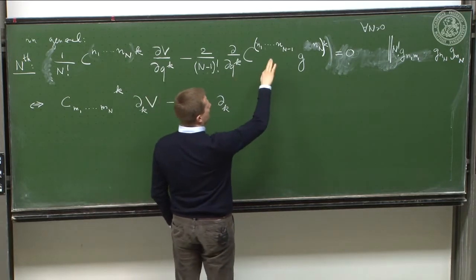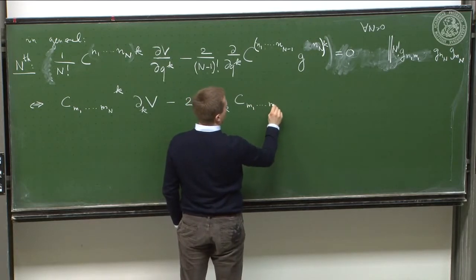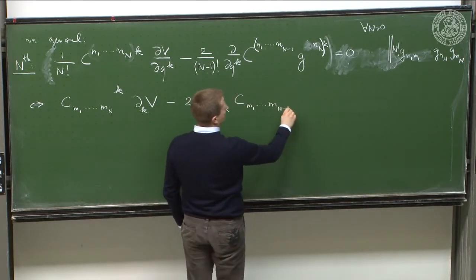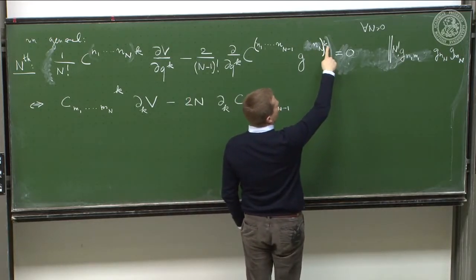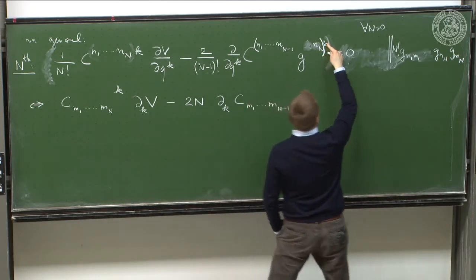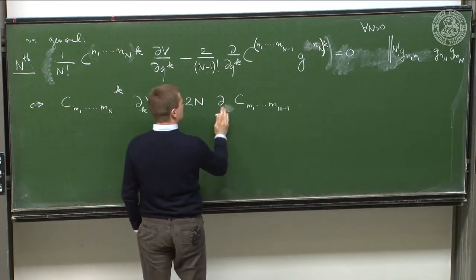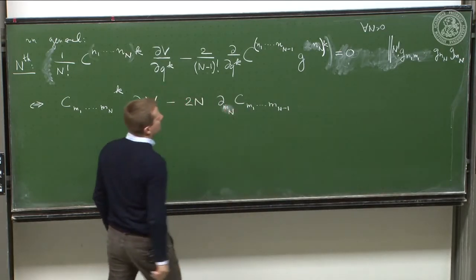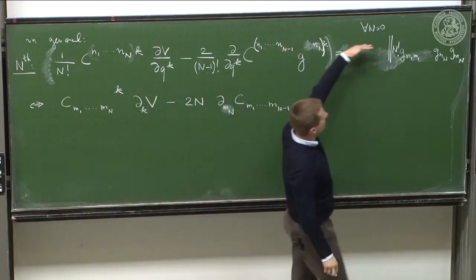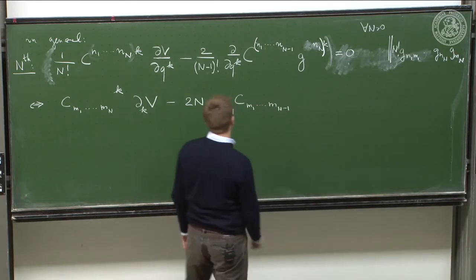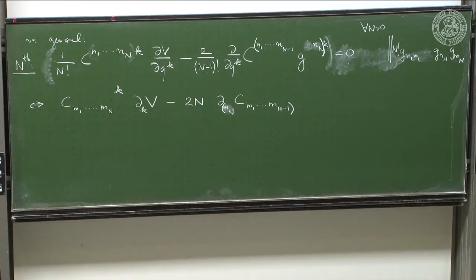I pull the flat metric straight through. So I get C_m1 to m_n minus 1. They're certainly pulled down. But also here I pull down the last one. That gives me a delta_k m_n. But a delta_k m_n is this one, m_n. And I don't forget that I had here the symmetrization. The symmetrization will be inherited down here, so I need a big bracket here. And this big bracket is all important.